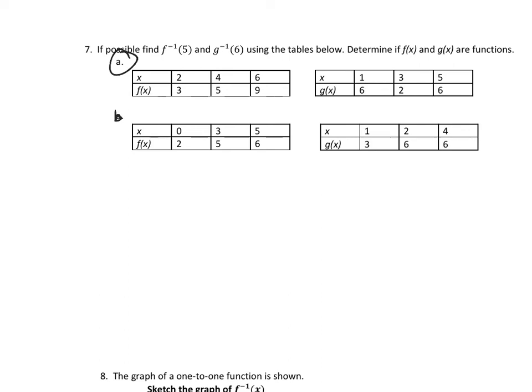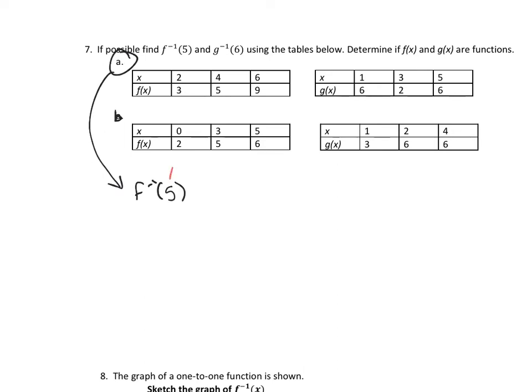So it says, if possible, find f inverse of 5 and g inverse of 6 using the tables below. So f inverse of 5, I'm going to do my work down here. Normally whatever is inside that parentheses is x, but since we're using f inverse of 5, remember we switch our x and y's.